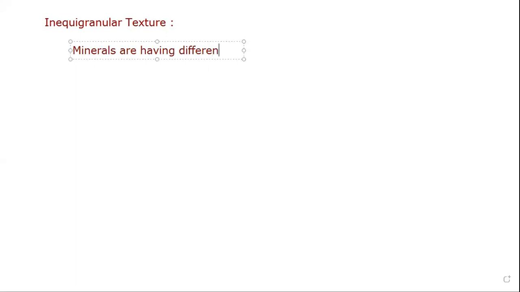Now, what is the meaning of inequigranular texture? What I have explained to you: minerals are having different sizes and shapes. Minerals मध्ये जर वेगवेगळे साइज आणि शेप तुम्हाला बघायला मिळत असतील, then it is considered as an inequigranular texture.